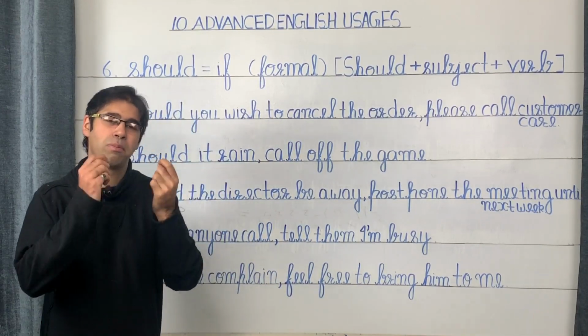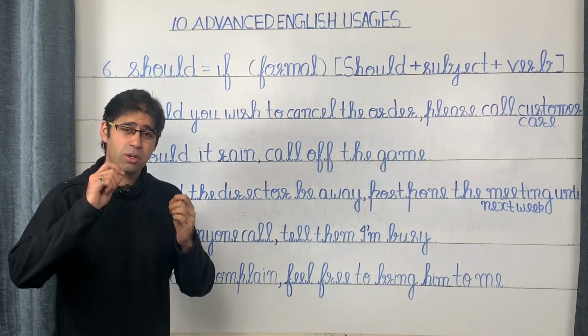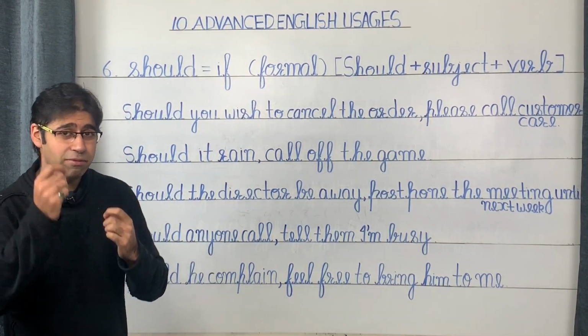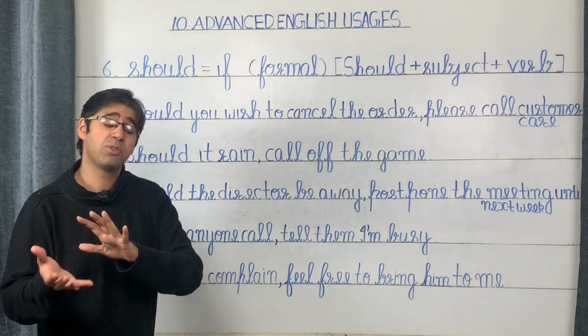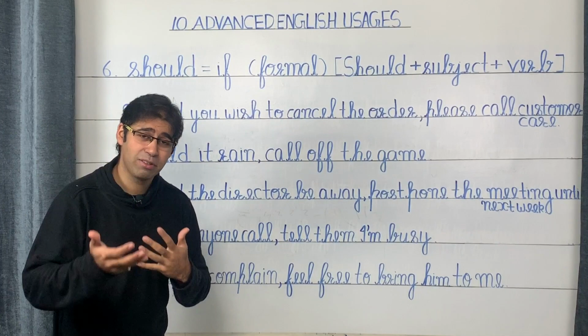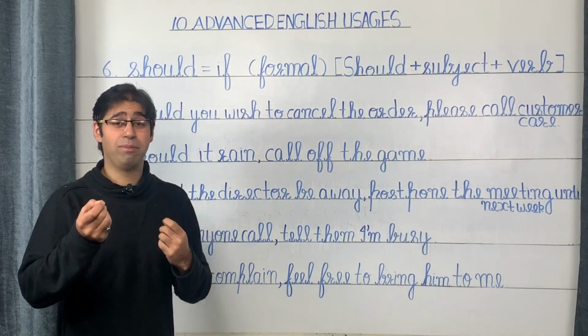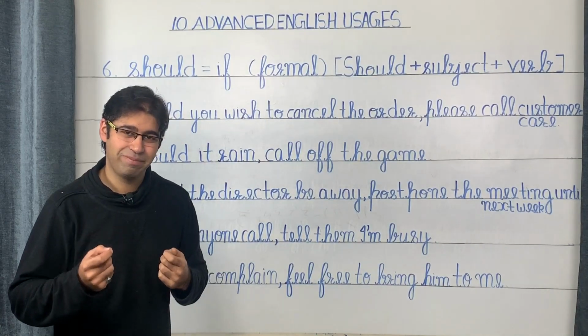Now over here there's an important observation that I'd like you to make, which is regarding the verb. So whenever you're replacing if with should in any sentence, your verb is going to return or retreat to its base or infinitive form without any verb endings like s, es or ies. Observe.